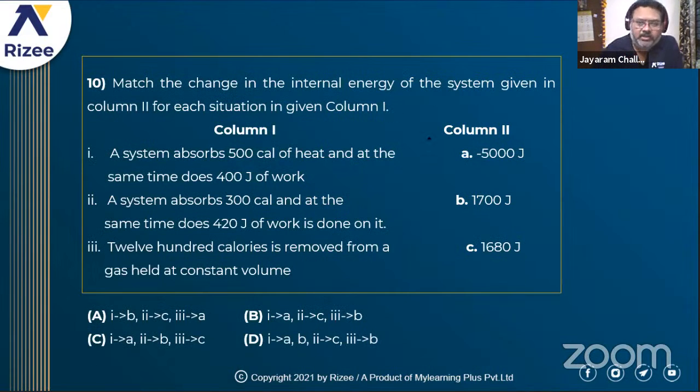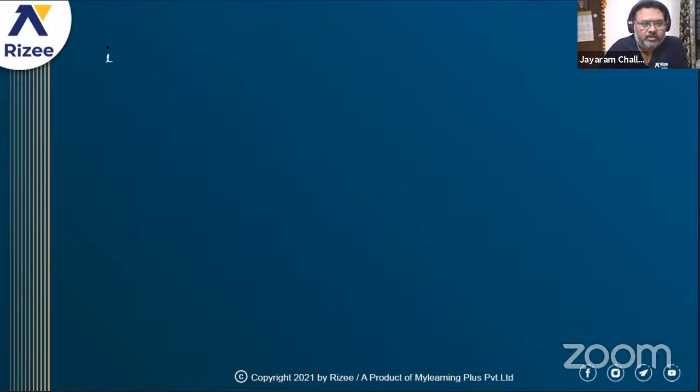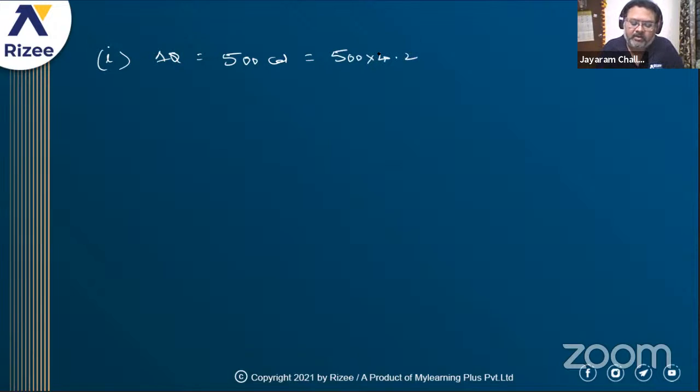Match the change in the internal energy of the system in the given column to the situation. First one: heat is absorbed, 500 calories, and at the same time it does 400 joules of work. So dq is equal to 500 calories. Converting 500 calories into joules, 500 into 4.2 is going to be 2100 joules.